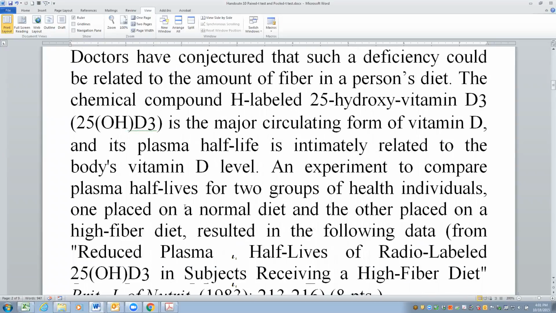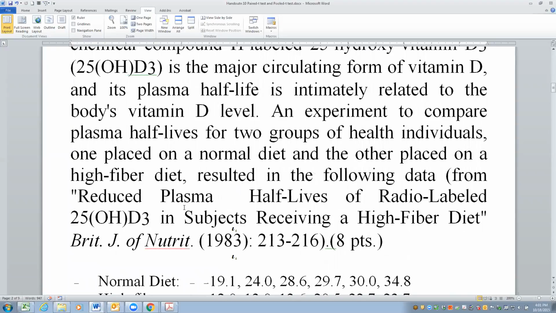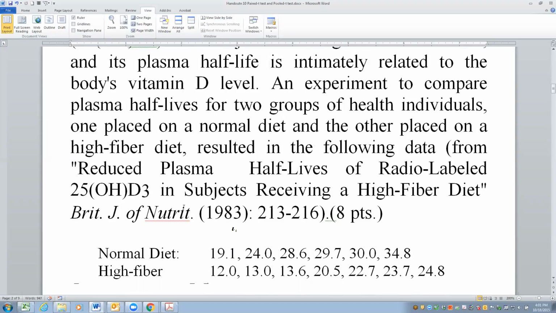An experiment to compare the levels in 2 groups is taken. One group is placed on a normal diet. The other is placed on a high-fiber diet. Note that I no longer have a relationship between subjects.